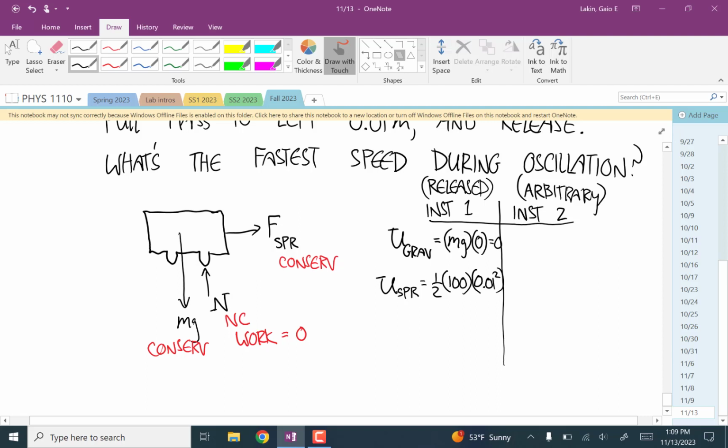So that's 50 times 0.01 squared. Can you tell me what that is? 0.005. Okay, so 0.005, and that's in joules. And if we're pulling it back and releasing it, we're releasing it from rest. So the kinetic energy is 1/2 times the mass times the speed squared, so 0 kinetic energy.